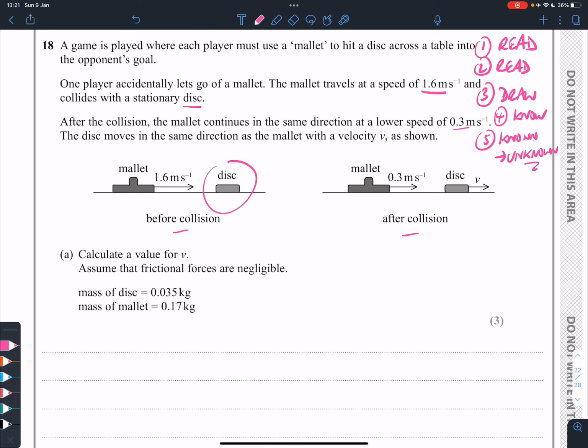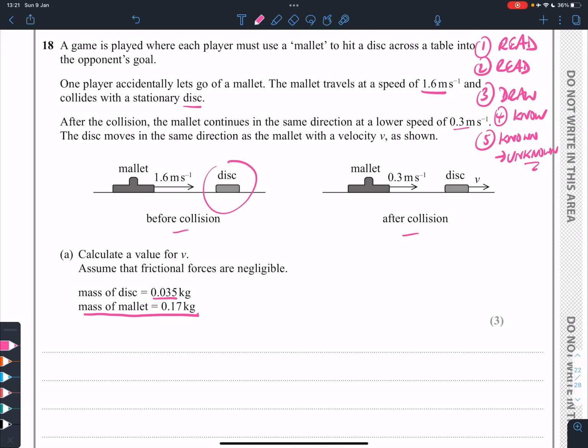Now, looking at this quickly, as the mass of the mallet is big compared to the mass of the disc, we'd expect the speed of the disc to be rather large. So we think it's going to move, which kind of makes sense.